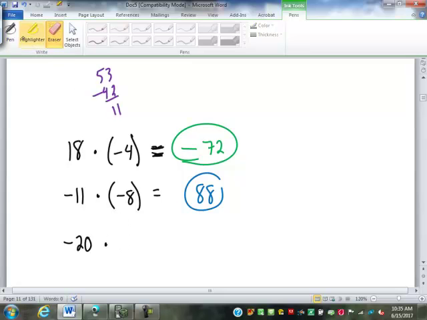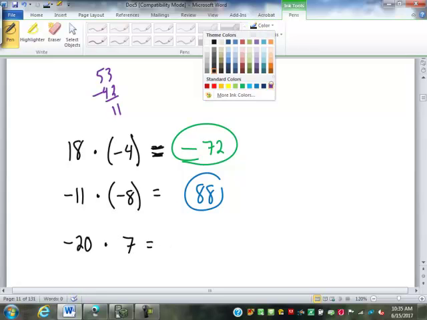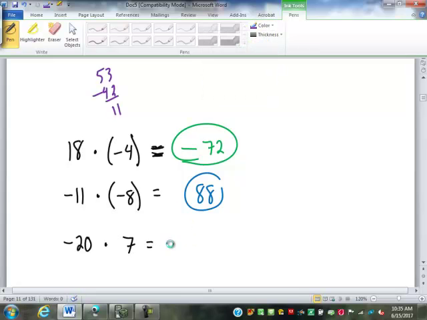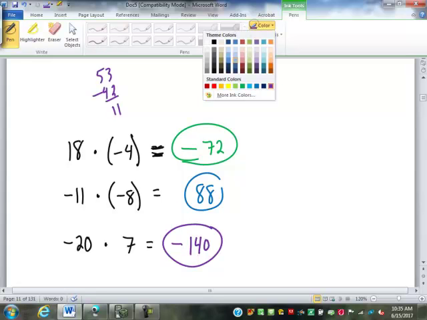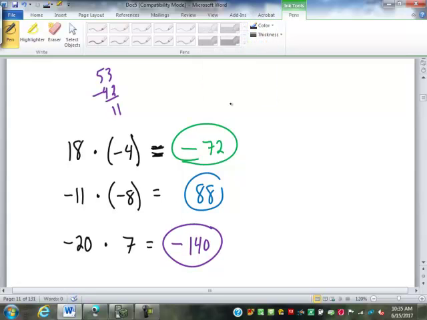So I want these parentheses around this. Times 7. Do we expect our answer to be positive or negative? Negative. A negative times a positive. We're multiplying one positive and one negative. We expect a negative. So 20 times 7? 140. You got it.